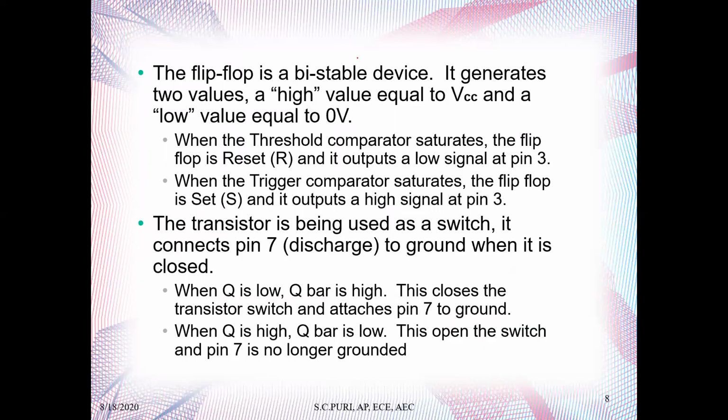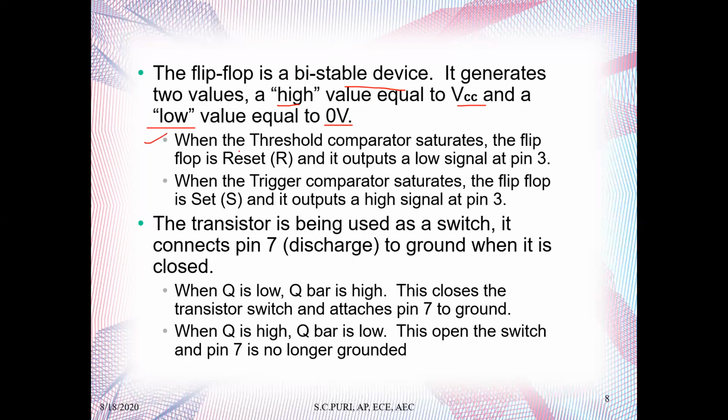Now this flip-flop is a bistable device. You know this, we have talked about that. It generates two values: a high value equal to VCC and a low value equal to 0 volt. So in our case, it is plus 5 volt and 0 volt.